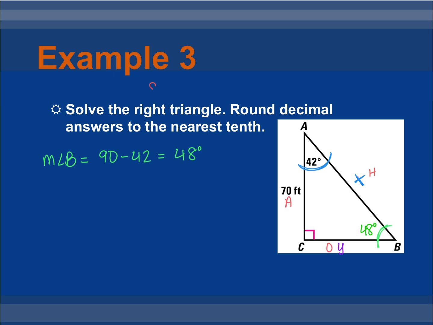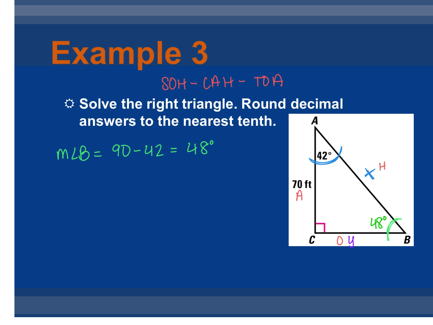And knowing that, let's say I'm going to write my SOHCAHTOA. And I'm going to go ahead and determine what I'm using. I'm going to solve for x first. So if I'm solving for x, according to that 42, again, I'm only using what was given. I have my adjacent side, and I'm solving for my hypotenuse. So I'm going to use cosine.